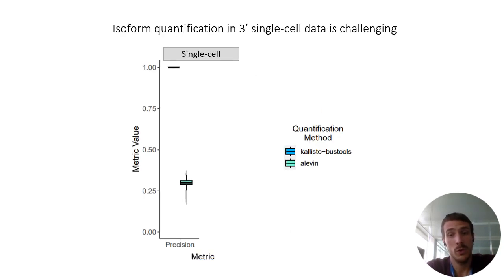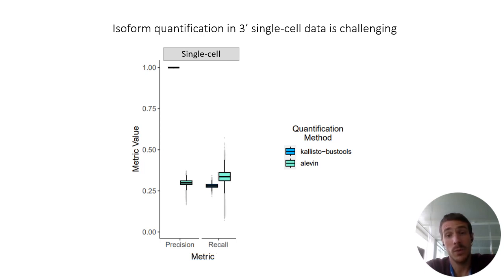One of the first conclusions that we get from our benchmark is that isoform quantification in 3' single-cell data is pretty challenging. Here we are plotting the precision, which reflects the number of false positives in the quantification of isoforms, and we can see that one of our methods does not detect false positives while the other one does.